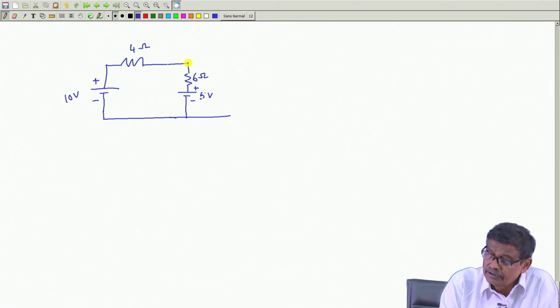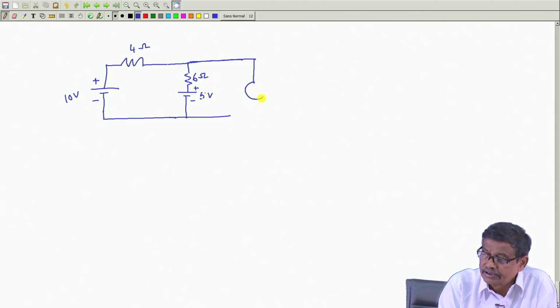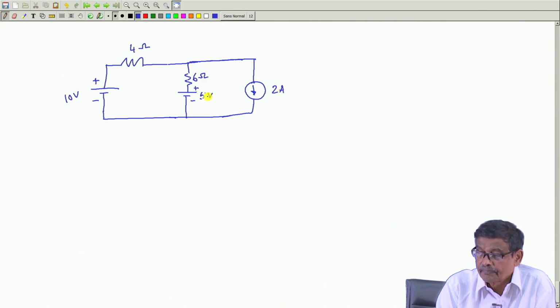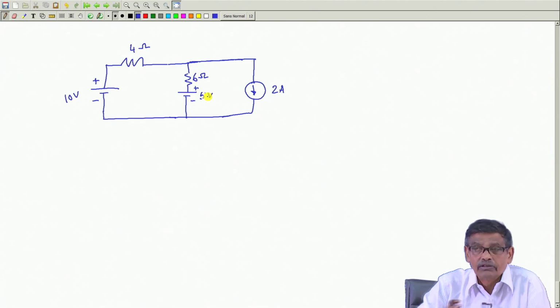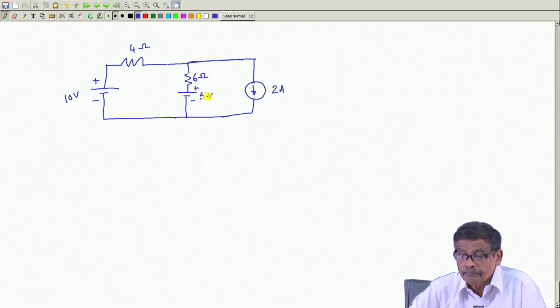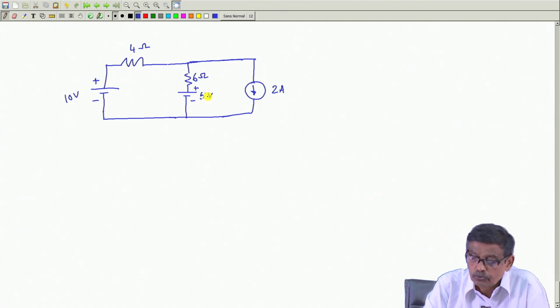And suppose there is a current source shown here, ideal current source 2 ampere, and you have been asked to calculate currents in all the branches. Now, you see in this network how many meshes are there? 2 meshes are there.